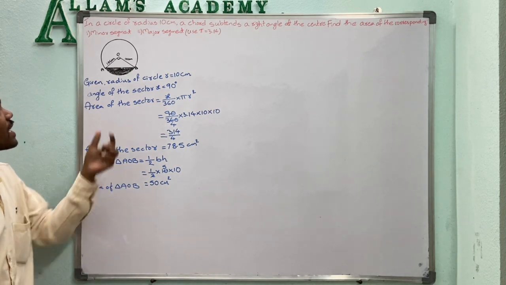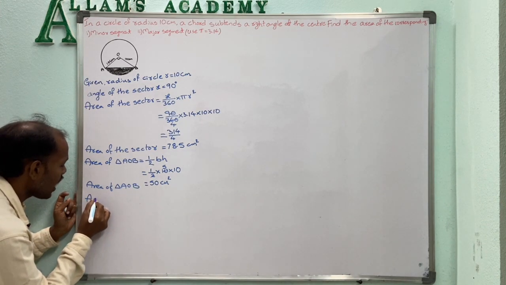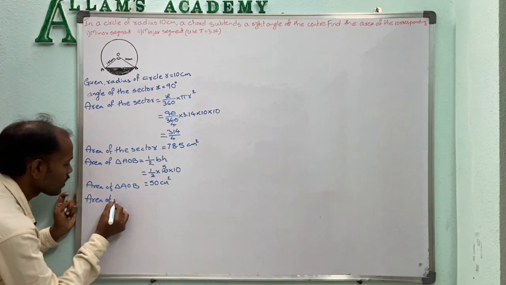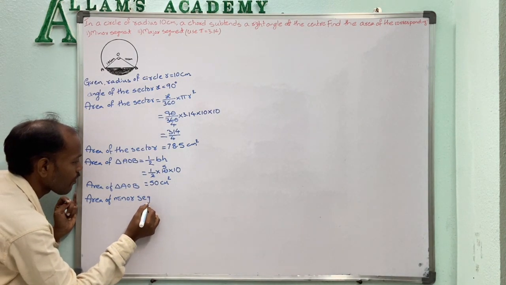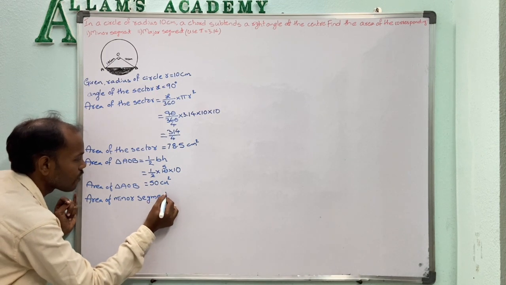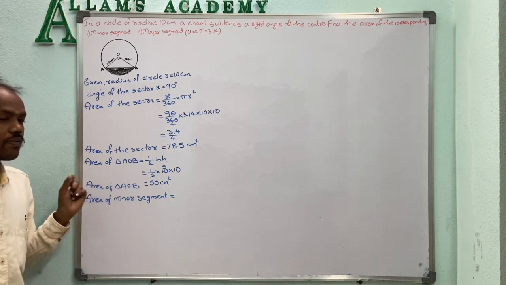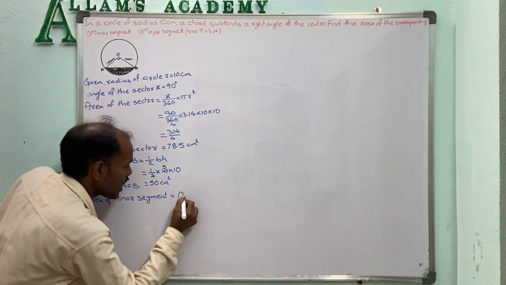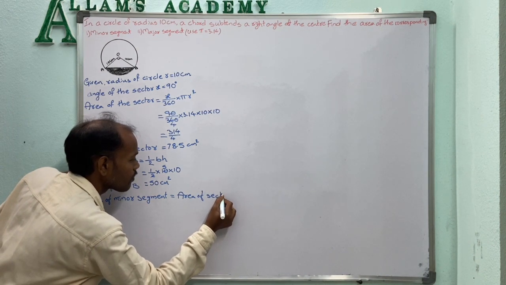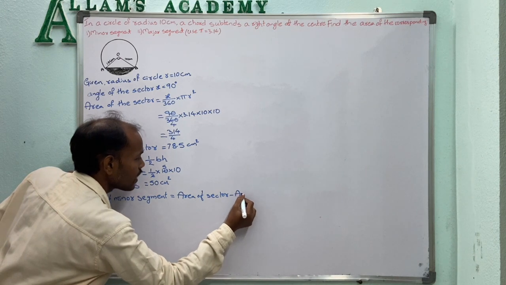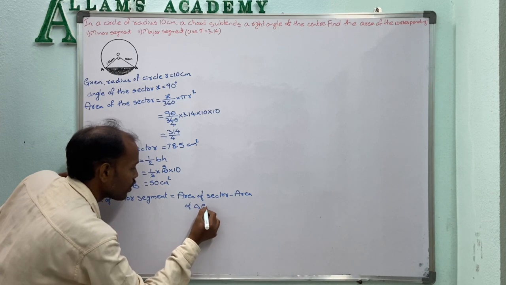Now here we are finding the area of the minor segment. So area of minor segment equal to area of sector minus area of triangle AOB.